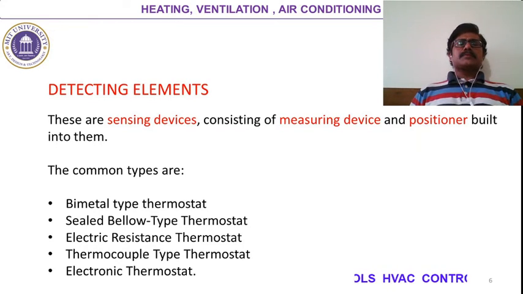Some of the common types of detecting elements used in practice for HVAC controls are bimetal type thermostat, sealed bellow type thermostat, electric resistance thermostat, thermocouple type thermostat, and electronic thermostat. We are going to discuss some types of these detecting elements in our discussion.